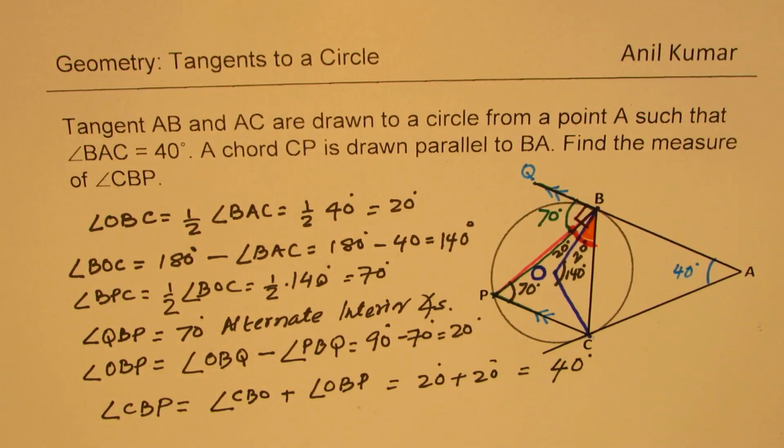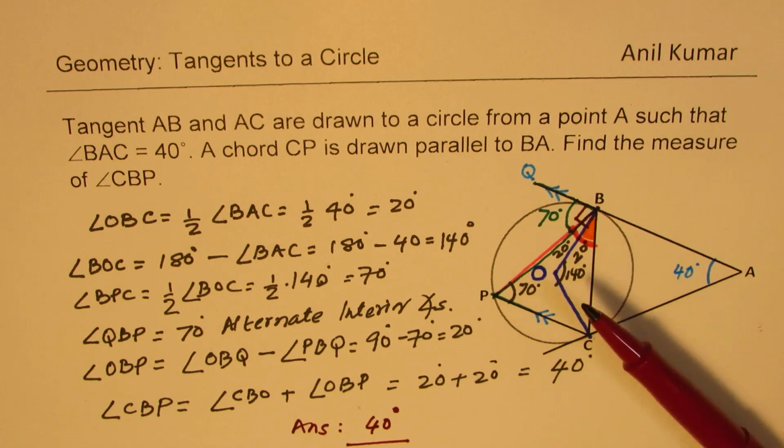Is that clear to you? So we get this required angle, and our answer here is 40 degrees. Is that clear? So that is how we can answer this question.